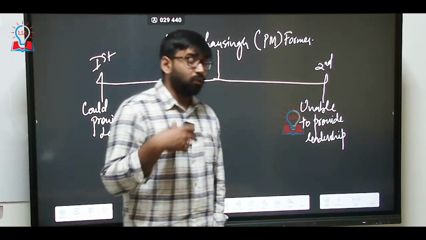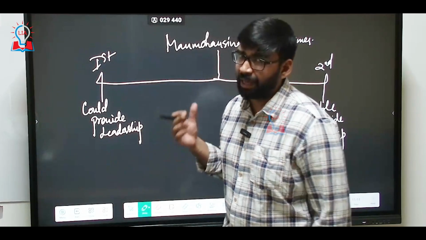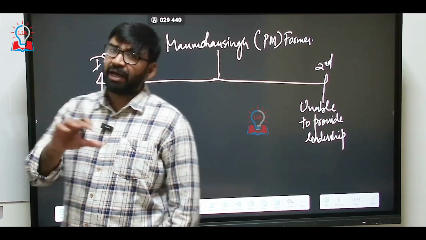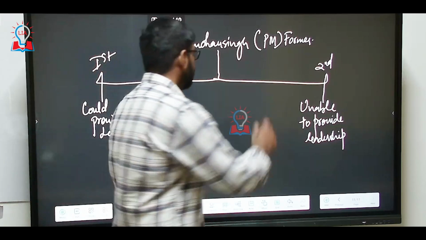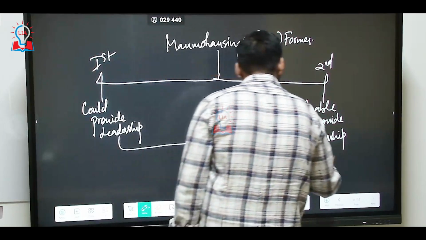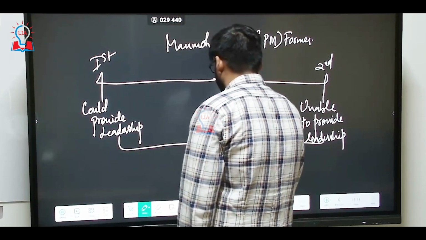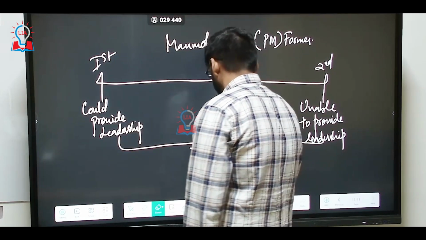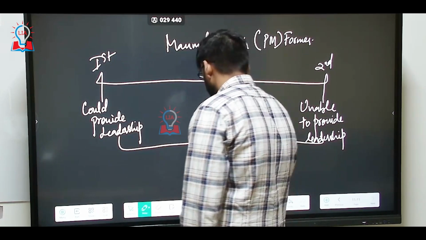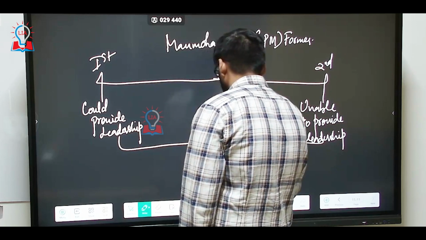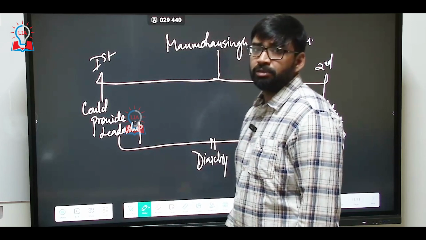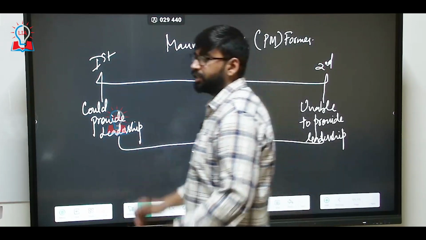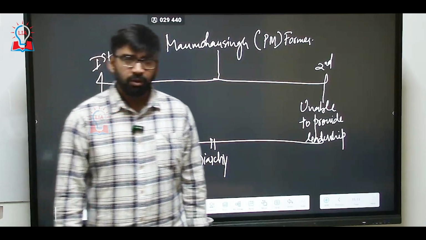Okay. Why is this so? Because during the time period of Manmohan Singh, diarchy emerged. During his time period, the main reason was diarchy. Diarchy means two centers of power were there. Getting my point?